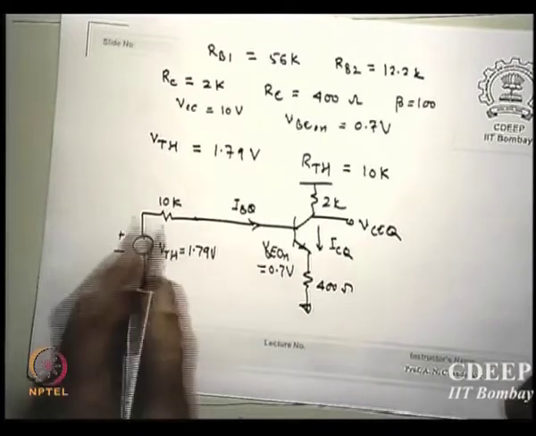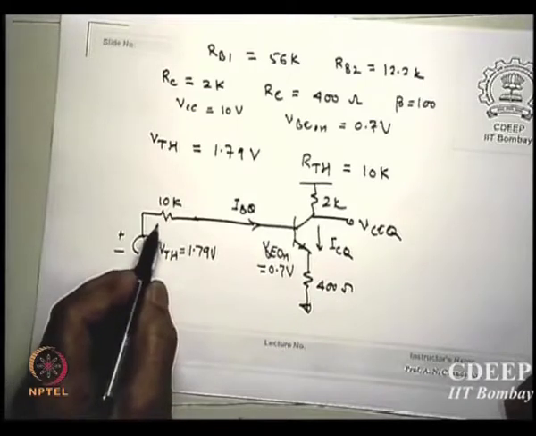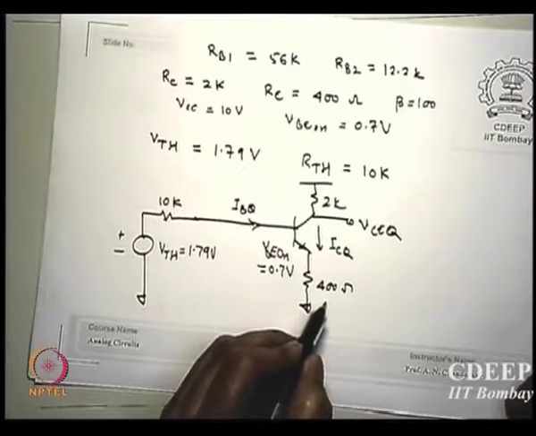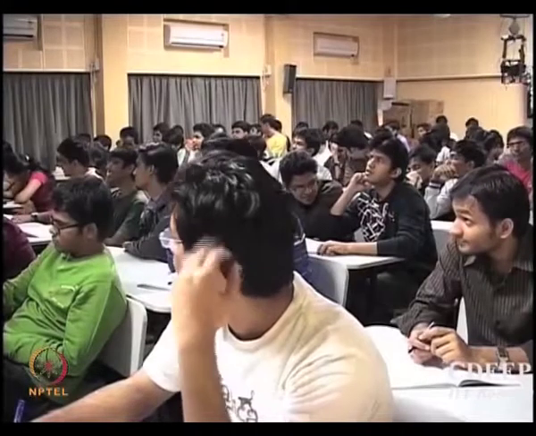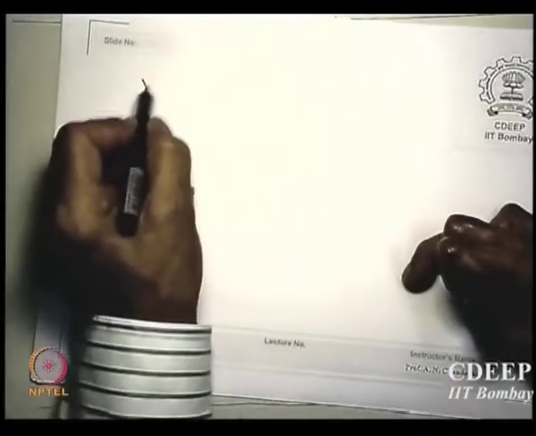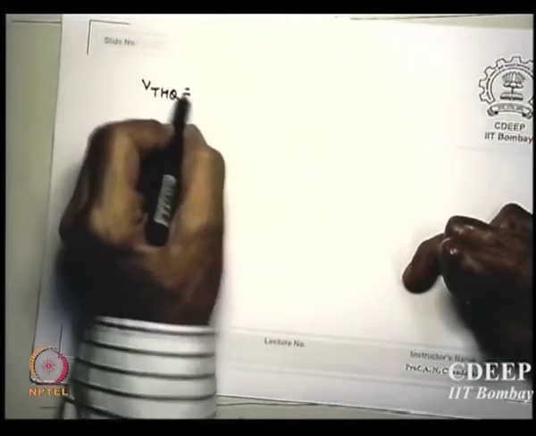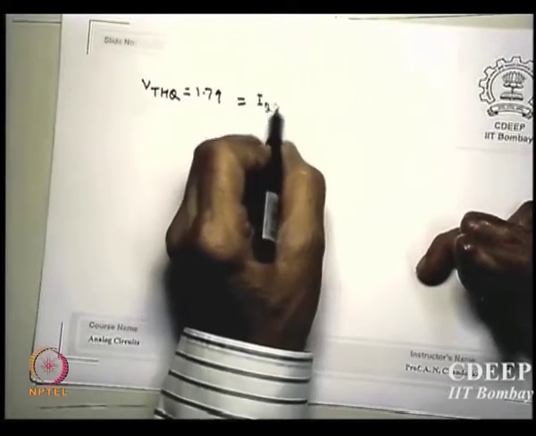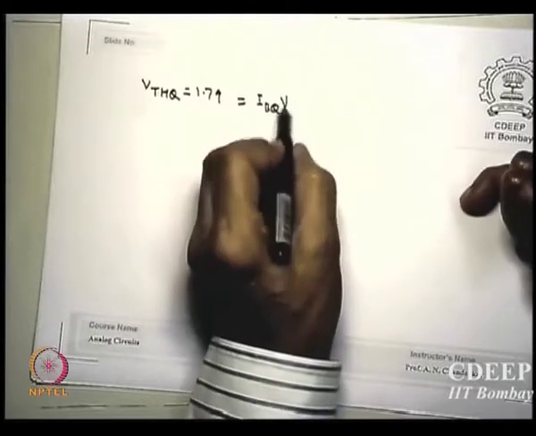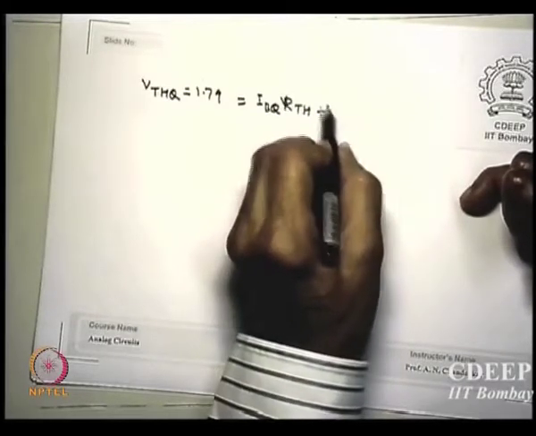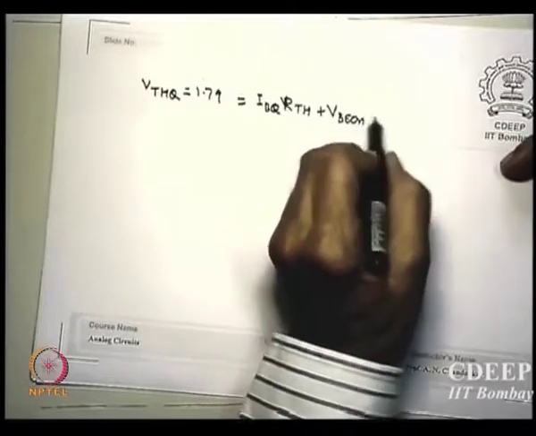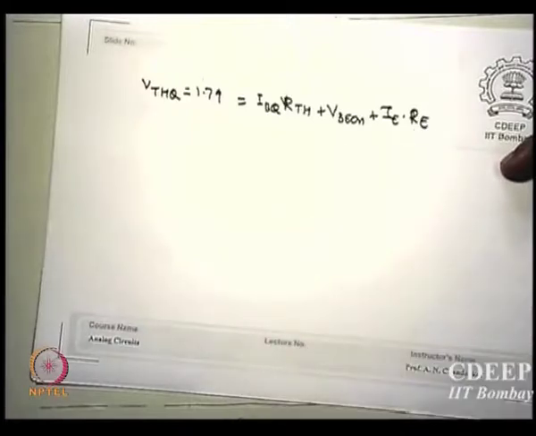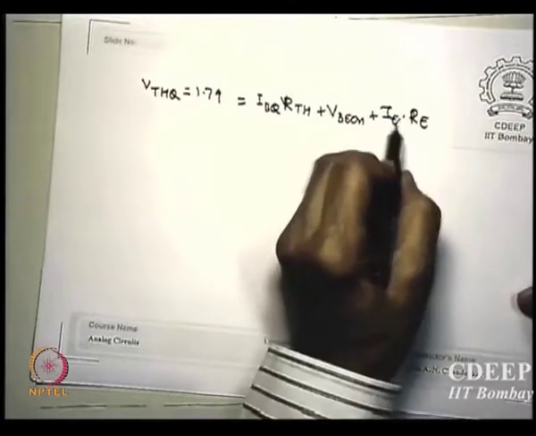Please remember IBQ dash into 10K plus I into 400. So I would say VTH Q, 1.79, is equal to IBQ into RTH plus VB on plus IEQ into RE.